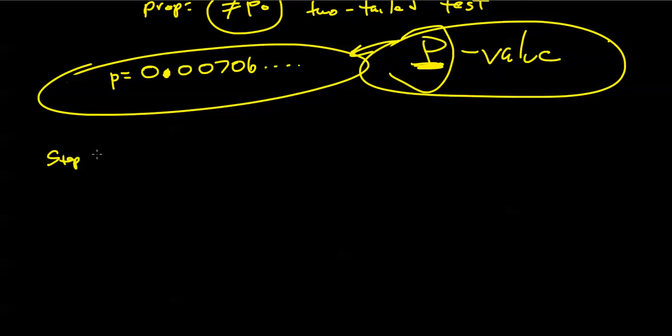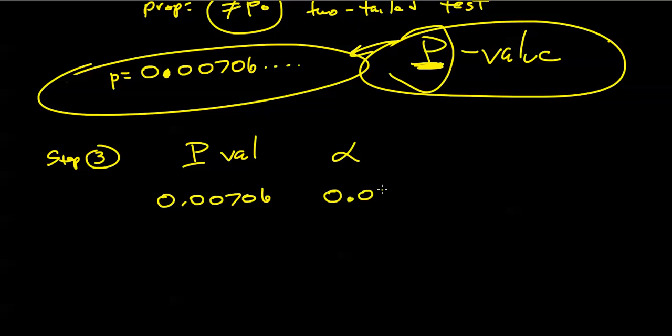Now step 3, and again I'll make a little mini table here. I'll compare the p-value to alpha. The p-value is 0.00706. The alpha level, if you read the problem, it says use a 0.01 level of significance. And of course, your p-value is less than alpha here.